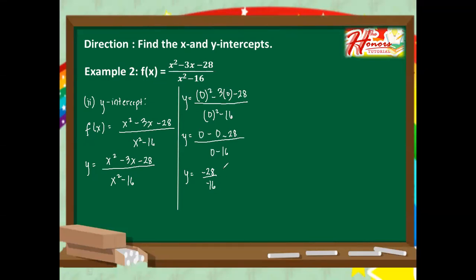This is not yet the final answer. We can divide this by negative 4. Now y is equal to negative 28 divided by negative 4 is 7. Negative 16 divided by negative 4 is 4. So we can say that the y-intercept is equal to 0 and 7 over 4.